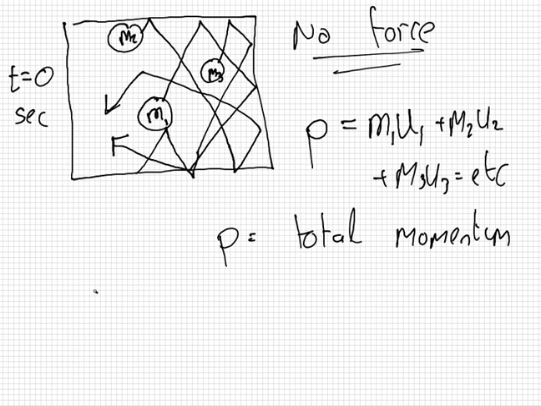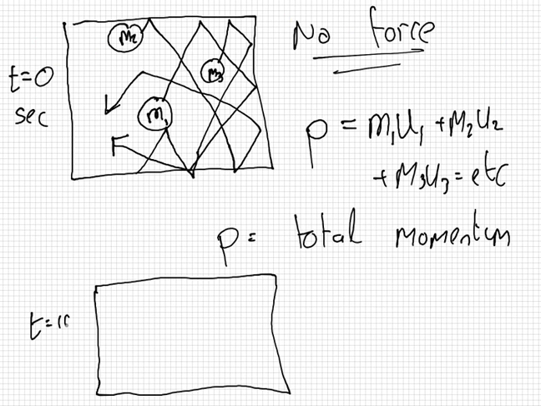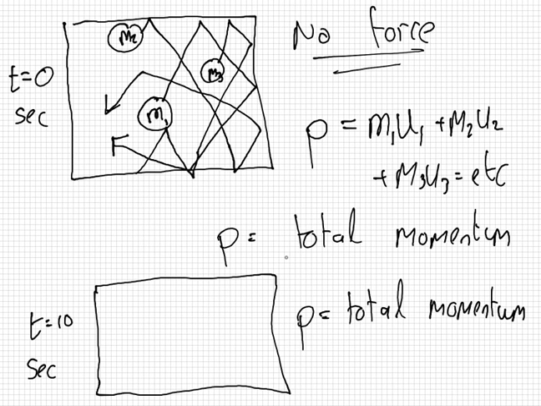Now if I look at this picture again later, time equals 10 seconds, do you think this momentum is bigger, smaller, or the same, if there is no force, if it's just closed in a box? Same. Yeah, that's what conservation means. The total momentum is the same.